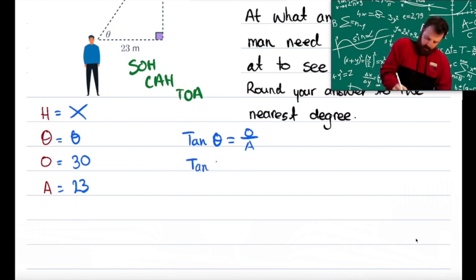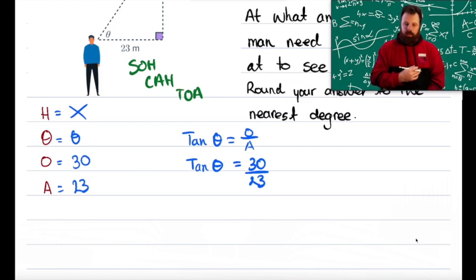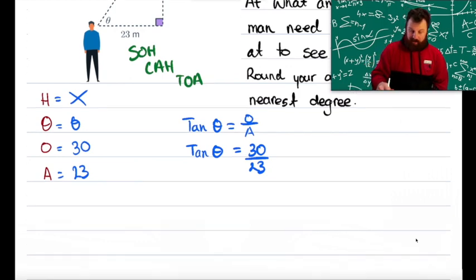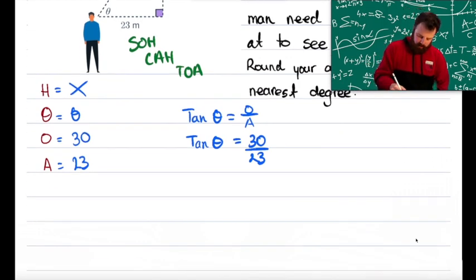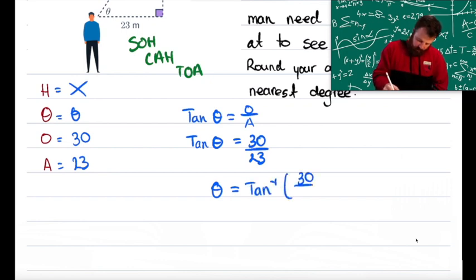So tan of theta, our opposite side is 30, and our adjacent side was 23. Remembering now at this stage, we need to use that shift tan on our calculator to find the size of the angle. So theta is going to equal shift tan of 30 over 23.